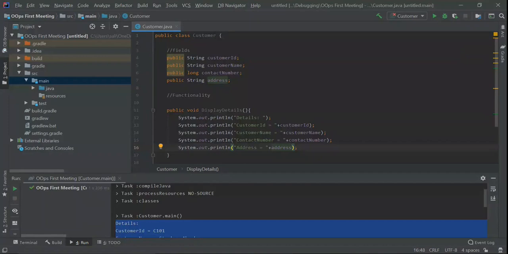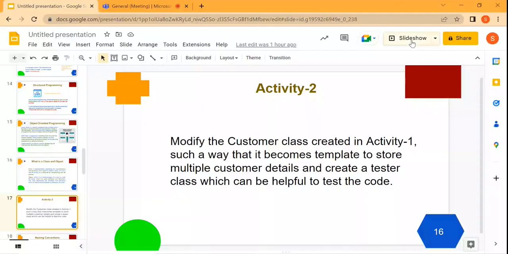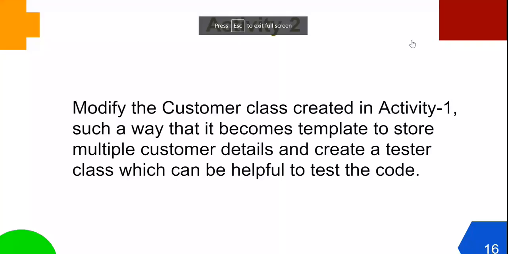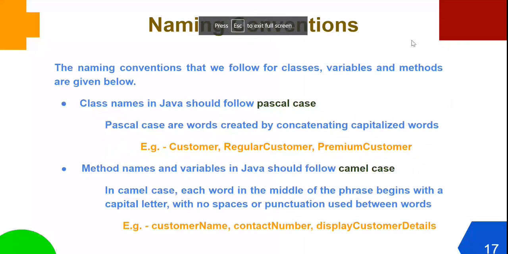Now, let's create a tester class for testing the objects and the values getting stored into the Customer template. Before going into the tester class, let's try to understand the naming conventions of classes and methods.